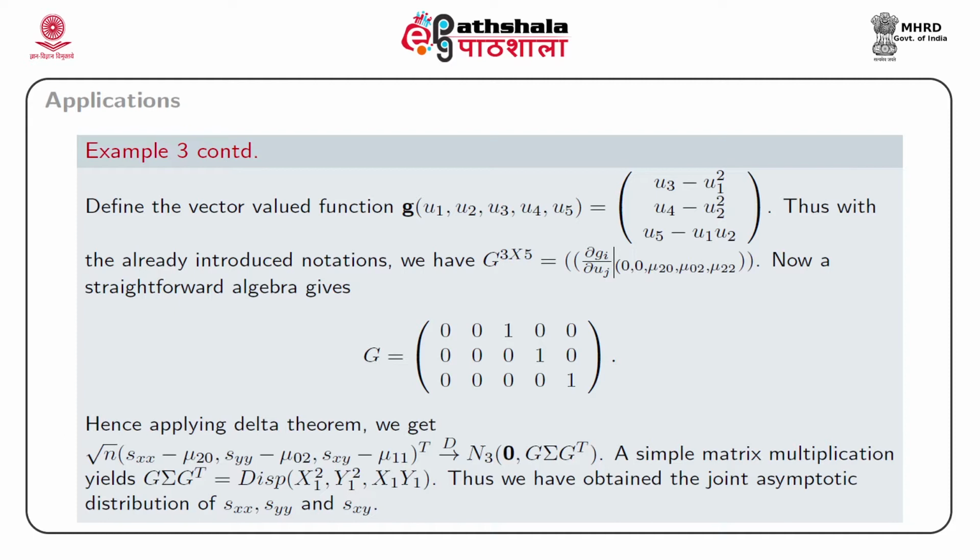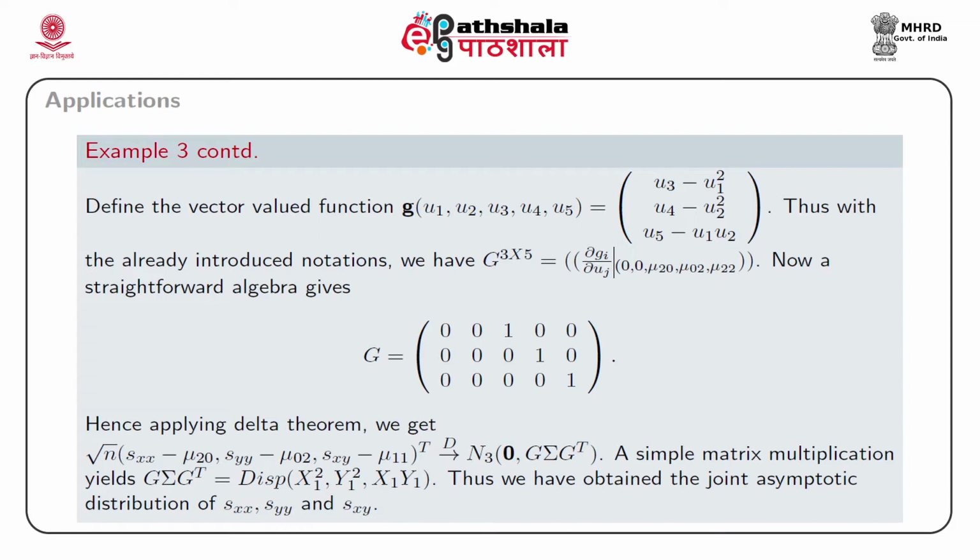A straightforward algebra gives G as a partition matrix where the first part is a 0 matrix of order 3 cross 2 and the rest is an identity matrix of order 3.